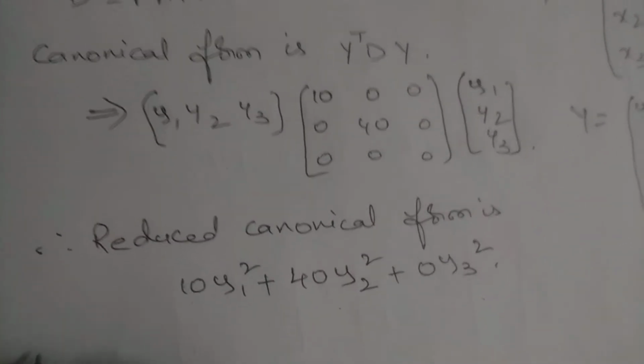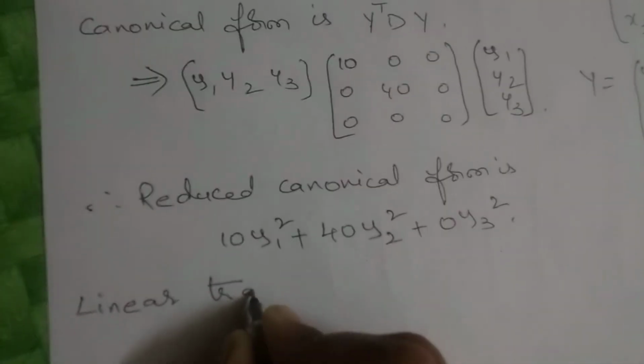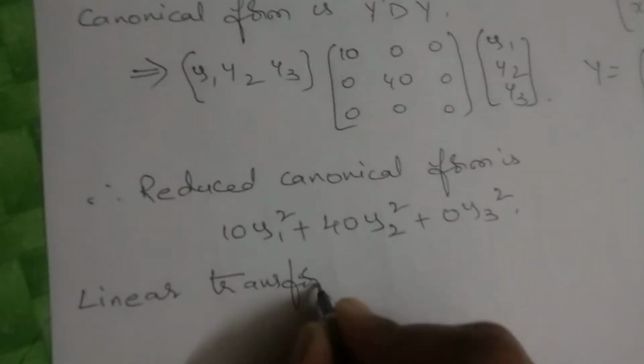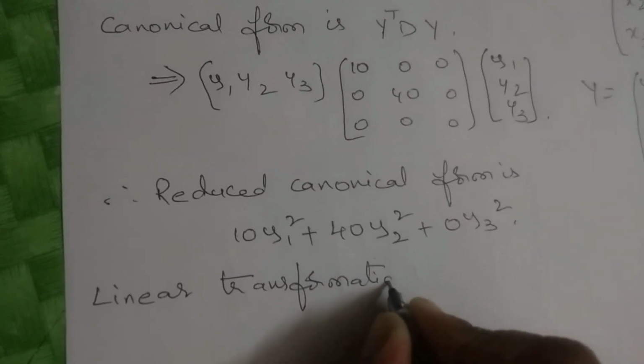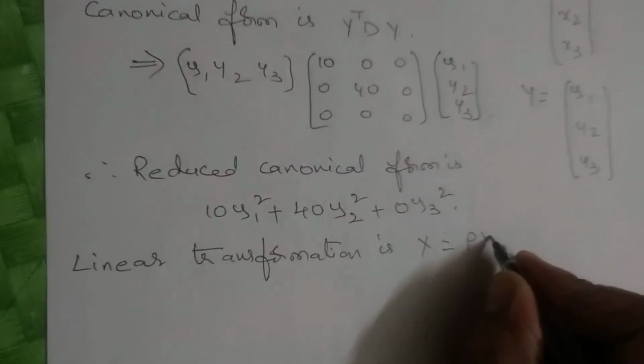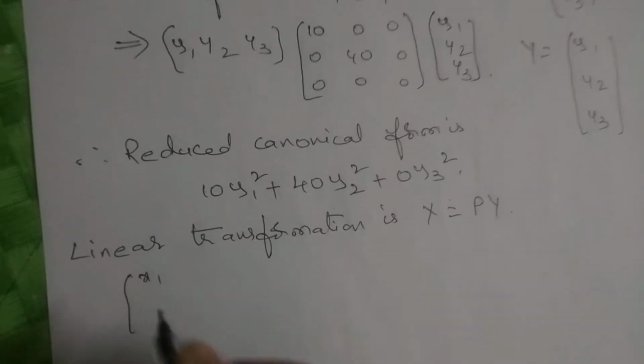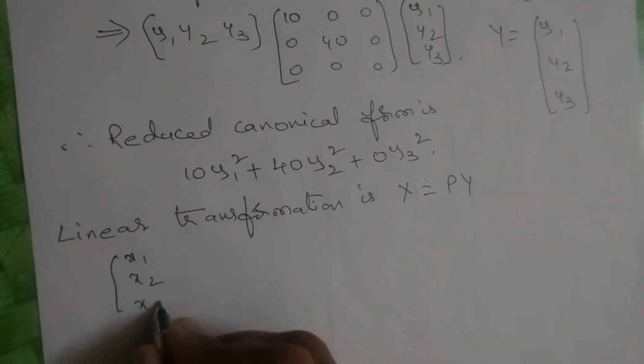Now, what is the linear transformation? Linear transformation is X is equal to P into Y. What is X here? This is X1, X2, X3.